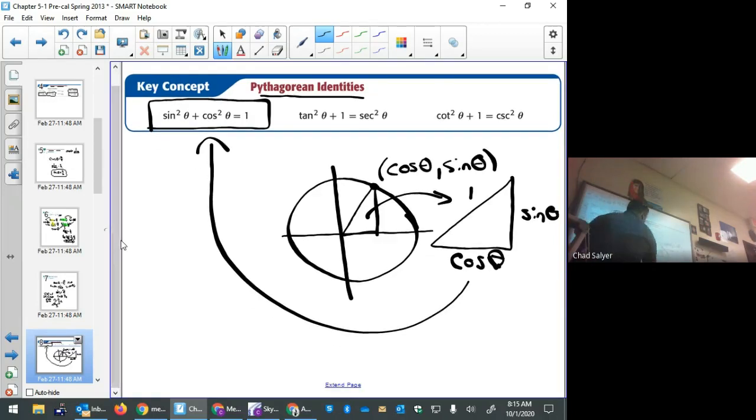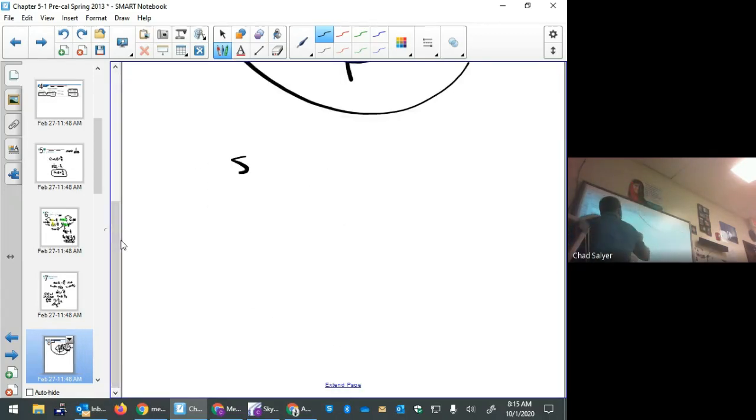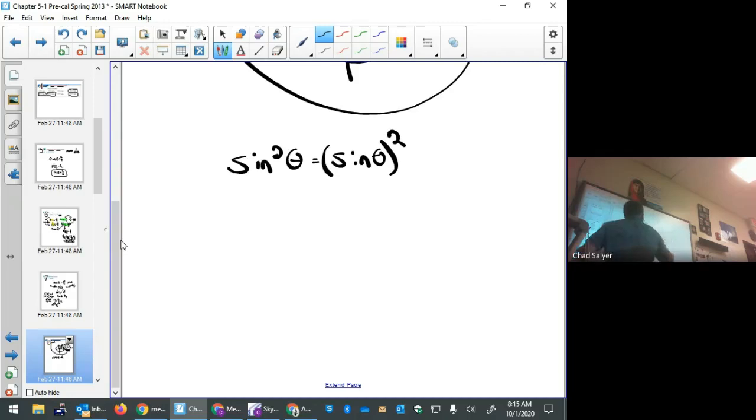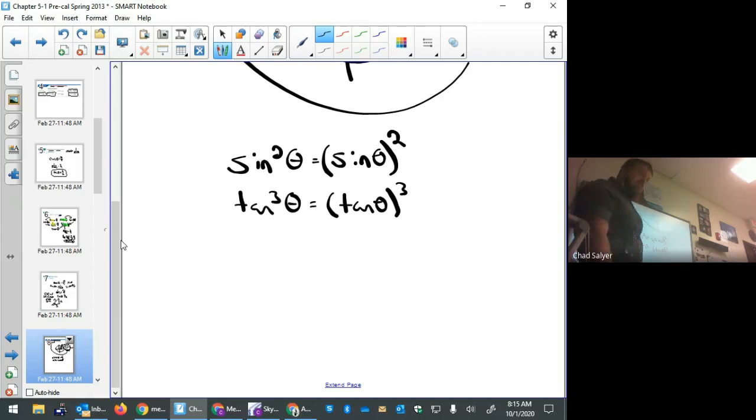So if I have sine squared theta, that means the whole function raised to the second power. If I have tangent cubed theta, that means tangent of theta to the third power. And so on. Any number except for -1.